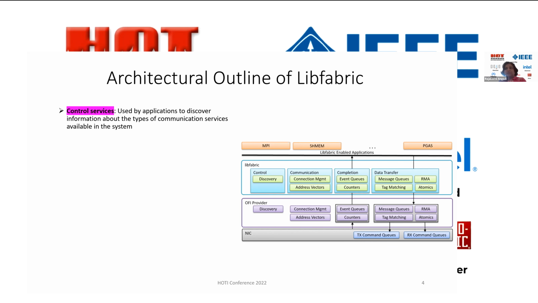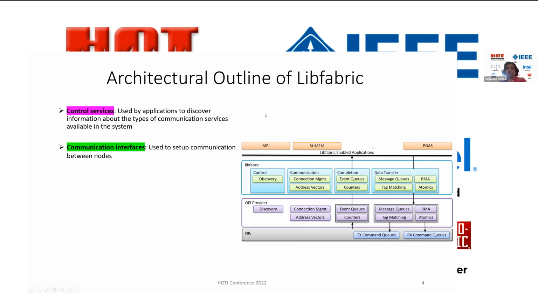Through these services, the applications can find out what kind of services they are dealing with. For example, the applications can check what best RMA capabilities are present and what other features are available. For example, FI Get Info is one of the APIs that caters to these control interface services. These are basically all different types of API interfaces.